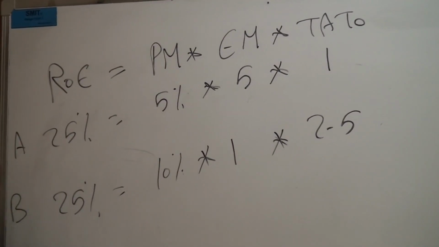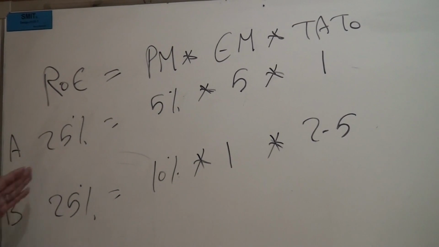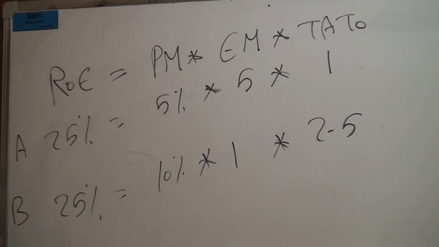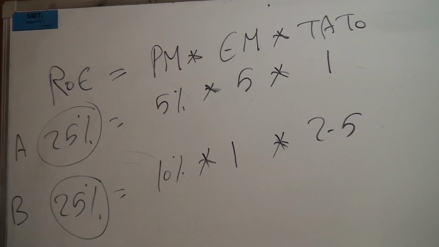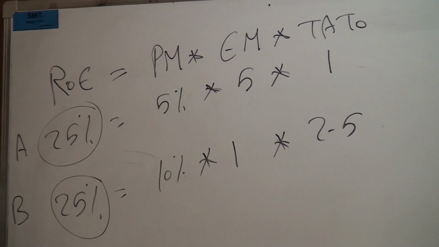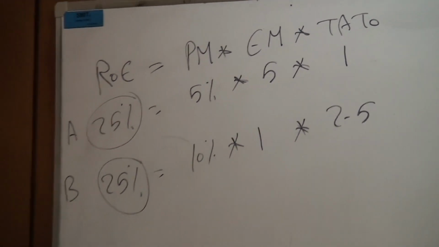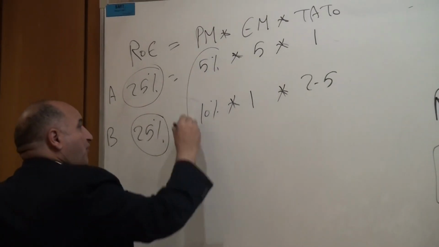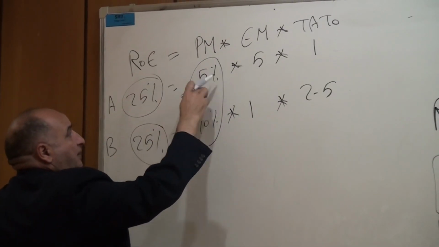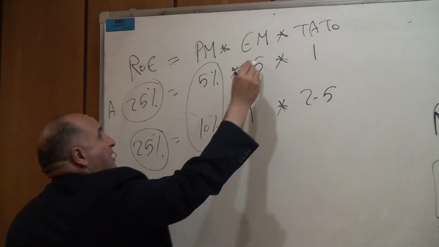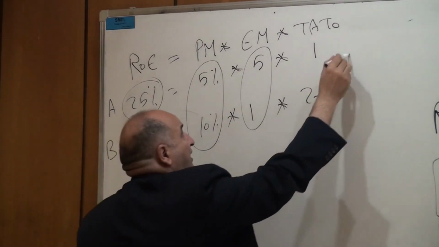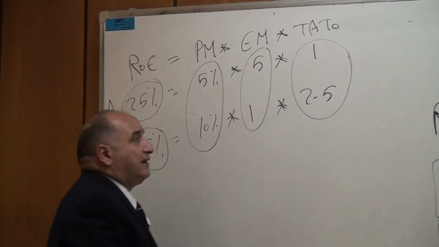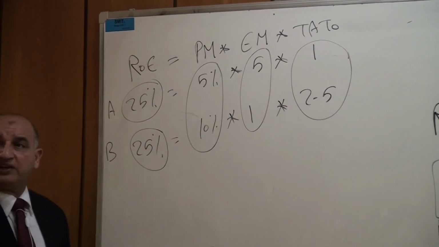You have to recommend investing in A or B, taking into consideration that the ROE in companies A and B equals 25%. Okay. How can we know? By comparing the profit margin in the two companies, the equity multiplier in the two companies, and the total asset turnover in the two companies.